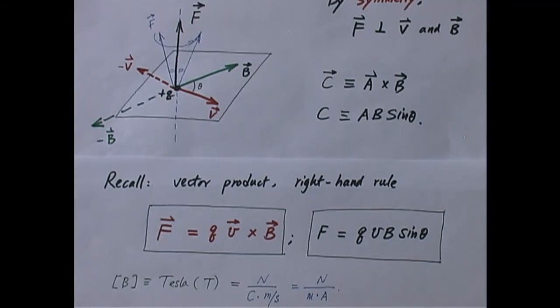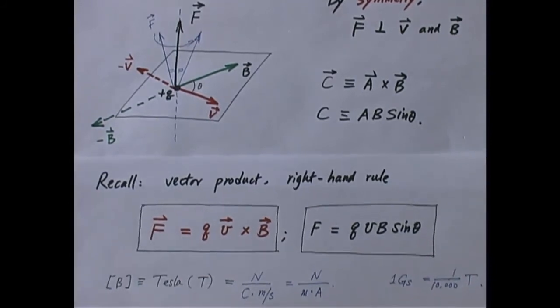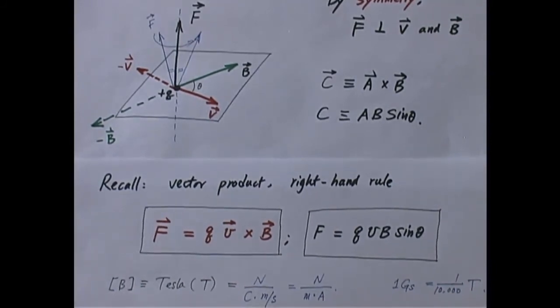It's called Gauss, named after Gauss, of course, the same Gauss under Gauss's law. So GS, or G sometimes. 1 Gauss is 1/10,000th of a Tesla. This is a unit we also frequently use because Tesla is often too big.